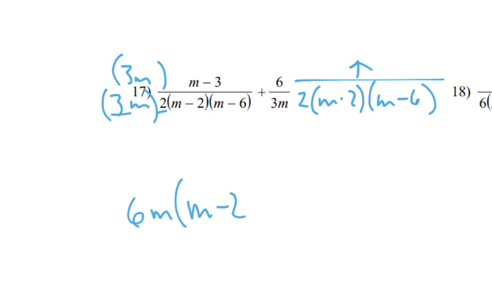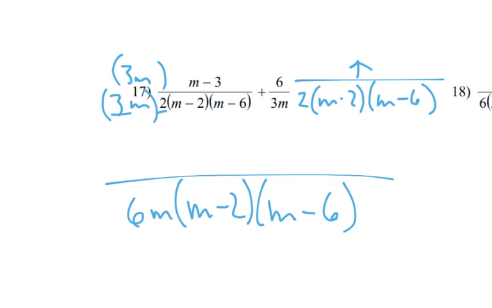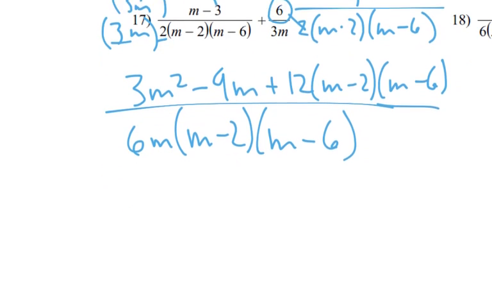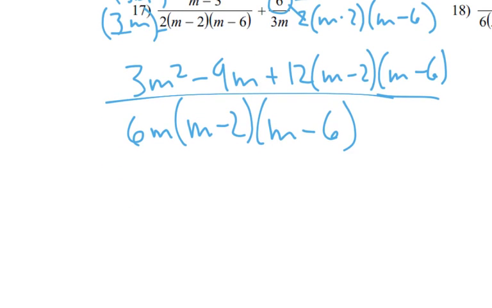So we end up with 6m times m minus 2 times m minus 6 on the bottom, over 3m times m is 3m squared. 3m times negative 3, negative 9m. Then 6 times that would be plus 12m minus 2, m minus 6. Okay, now we've got to do some simplifying to get these combined. So notice this and this are the same, right?